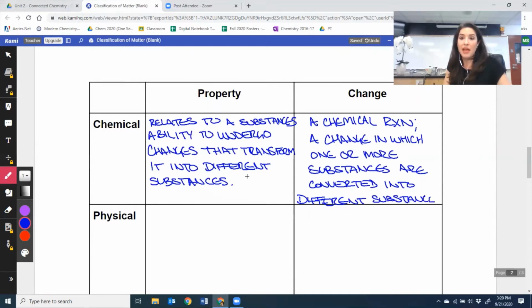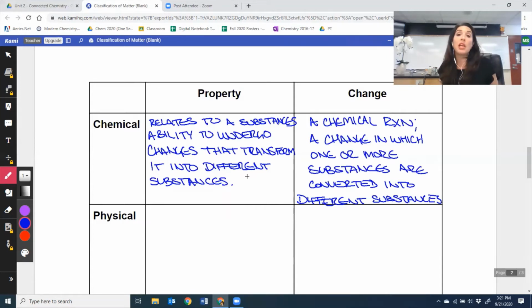Let's compare that to physical changes. Physical changes are ones in which the phase is changing. I like to think about boiling water as a perfect example of a physical change. You have liquid water, you apply heat to it, you excite those molecules kinetically, and eventually you have a phase change into gas water. The molecules themselves remain intact. We're still talking about H2O.